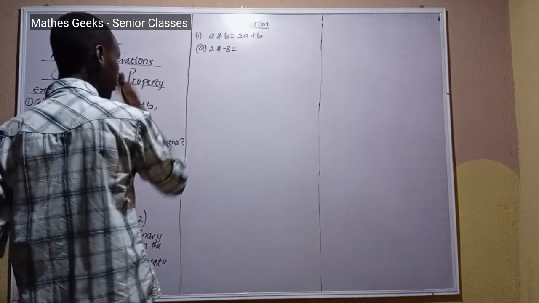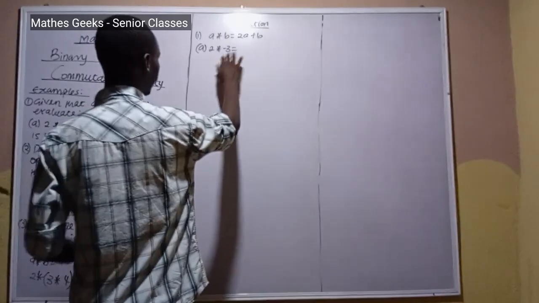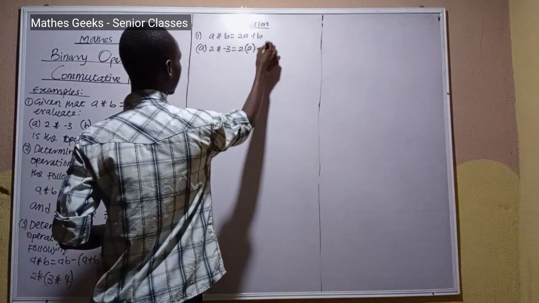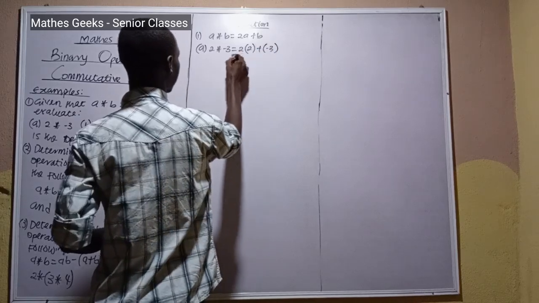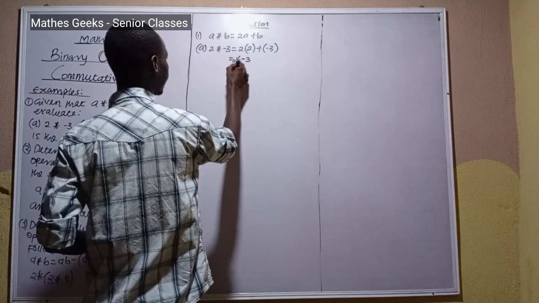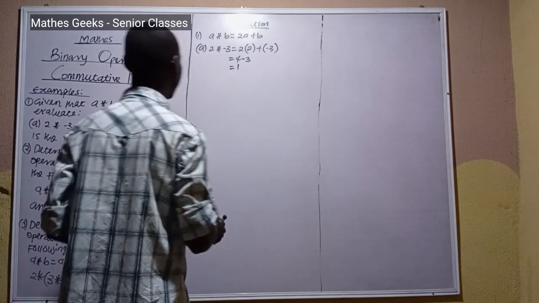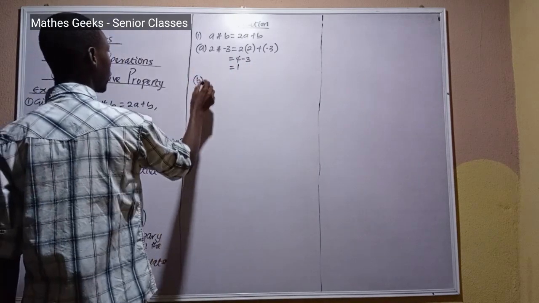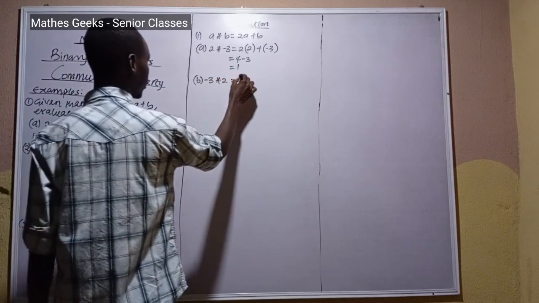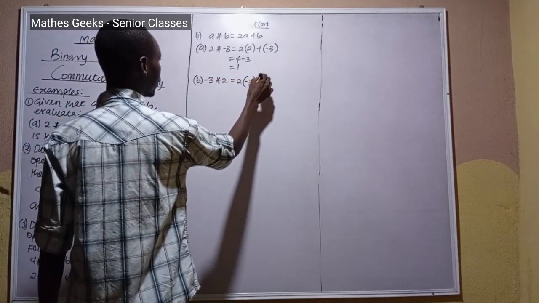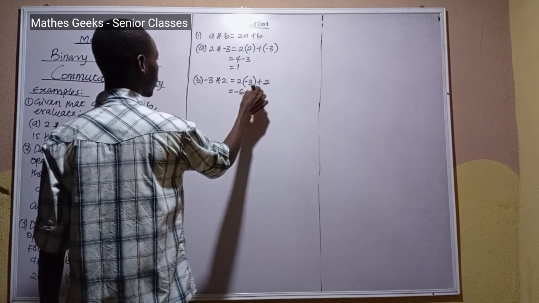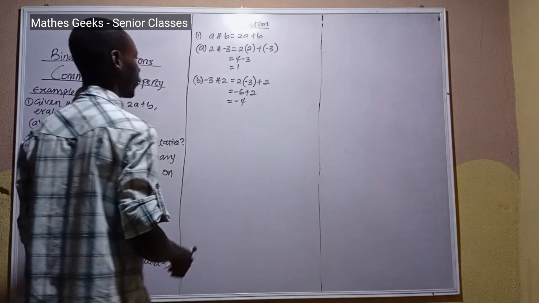So here A is 2 and B is minus 3, so 2 times 2 plus minus 3. 2 times 2 is 4, plus 1 times minus 2 is minus 3. 4 minus 2 is 1. So minus 2 star 2: 2 times minus 2 is minus 4, plus 2, that goes to minus 2.